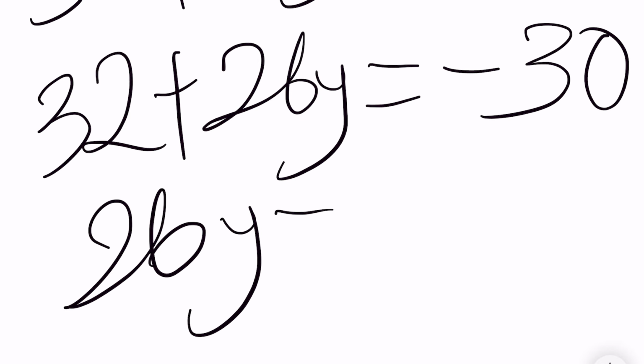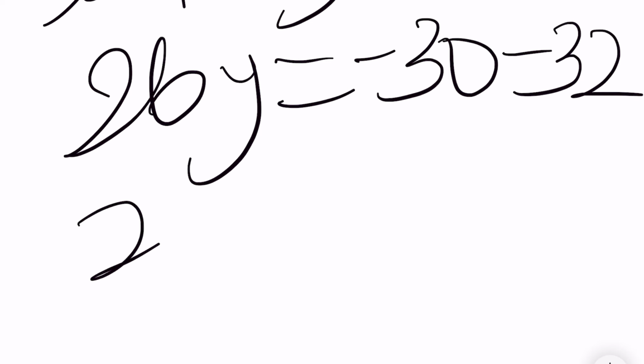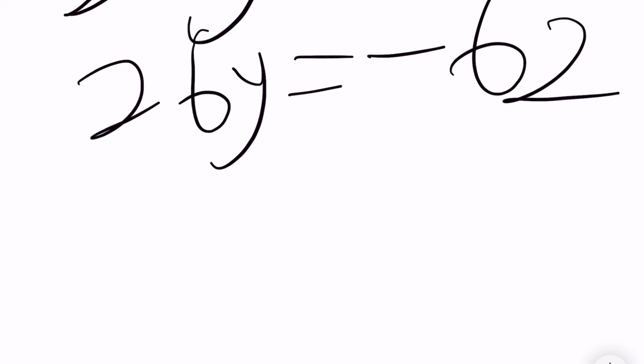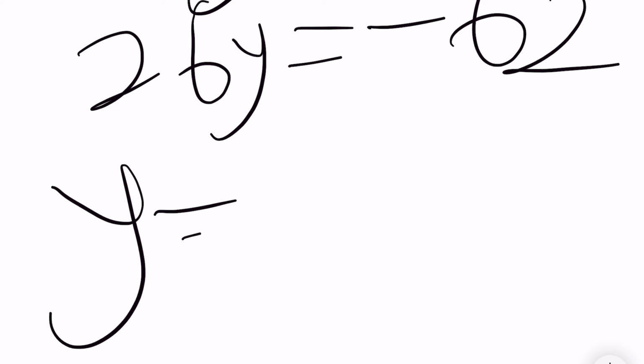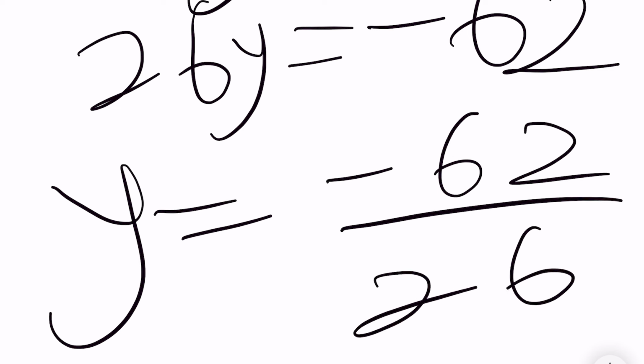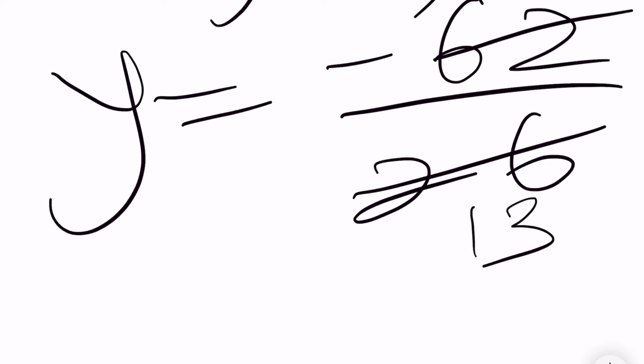So we have 26y to be minus 30 minus 32. So we have 26y to be minus 62. So making y minus 62 over 26. Now, dividing by 2, we have 31 over 13.